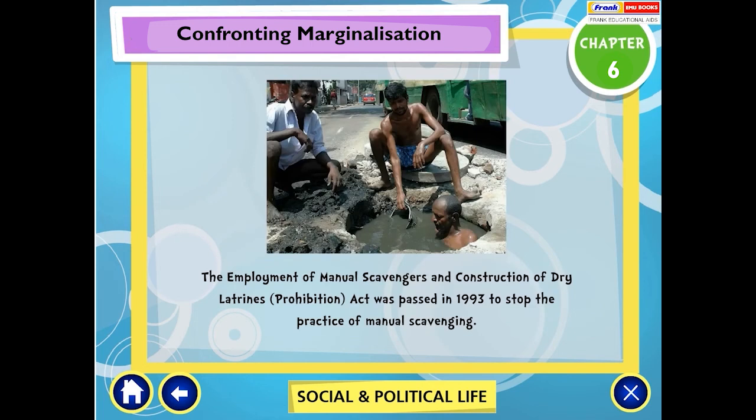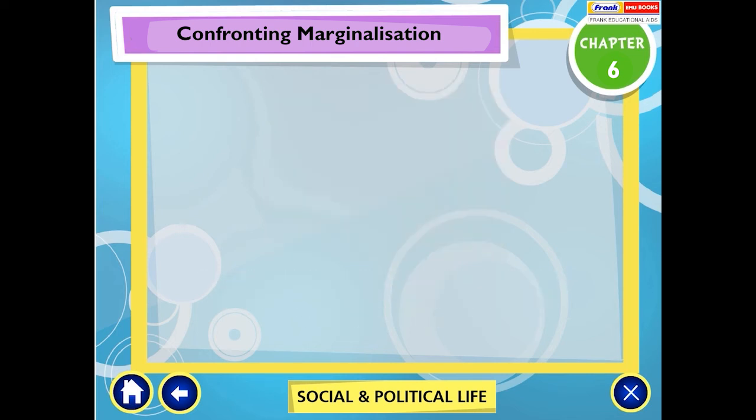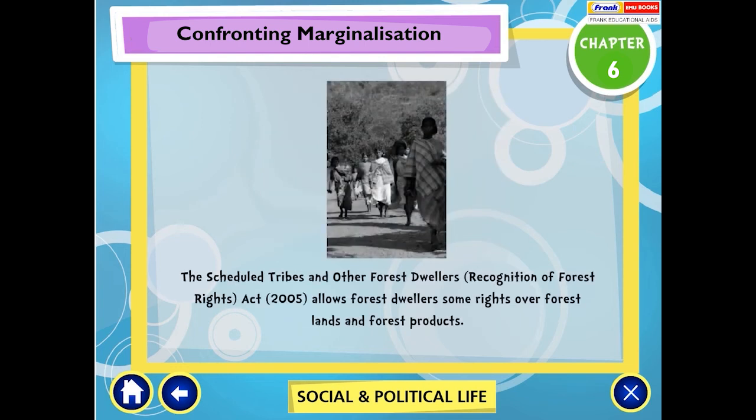The Employment of Manual Scavengers and Construction of Dry Latrines Prohibition Act was passed in 1993 to stop the practice of manual scavenging. The Scheduled Tribes and Other Forest Dwellers Recognition of Forest Rights Act 2005 allows forest dwellers some rights over forest lands and forest products.